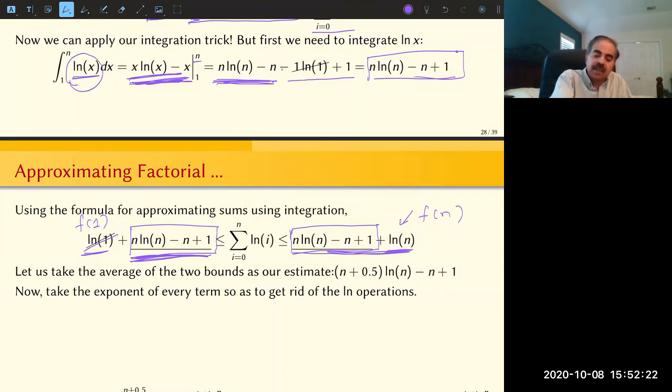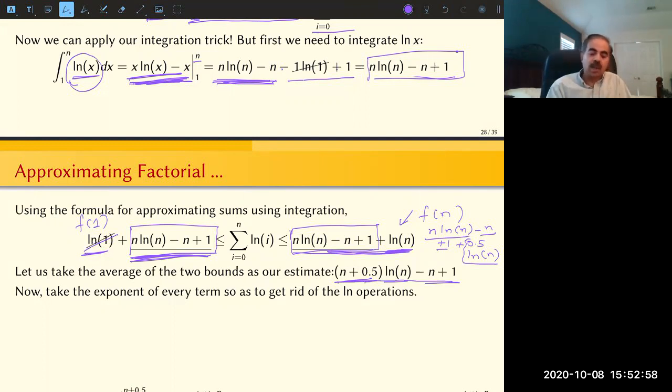So you get n ln n minus n plus 1 plus 0.5 ln n. What I have done is combine n ln n and 0.5 ln n into n plus 0.5 ln n, and then minus n plus 1 is here. So our estimate of the sum of the logarithms is this expression.